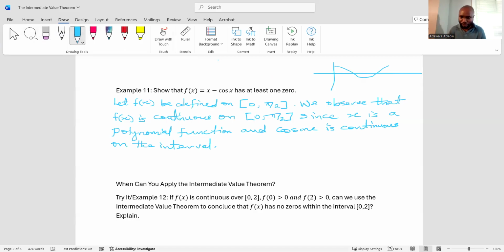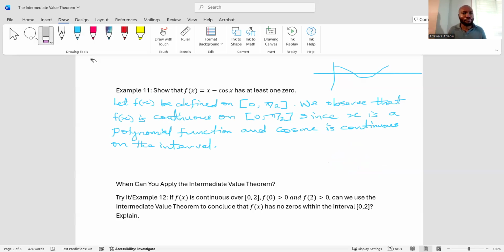In the unit circle between 0 and 90, cosine, this is (1, 0), this is (0, 1), right? So you can see any value I pick in this first quadrant, cosine we have a value for it. So it is defined, it is continuous there.